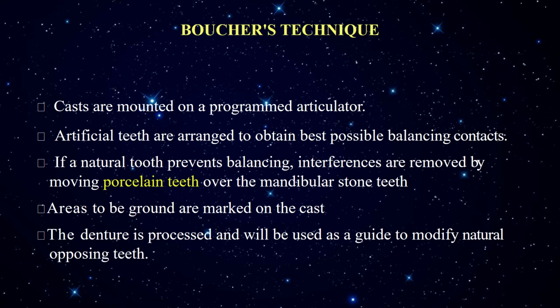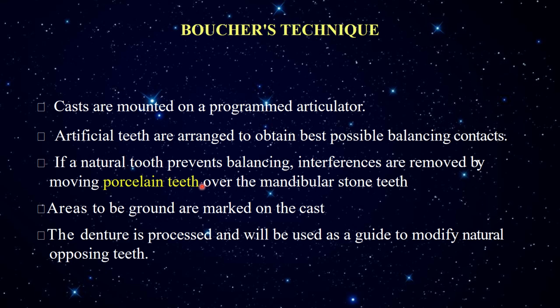So next is the Boucher's technique. In the Boucher's technique, it is basically pretty simple. The casts are mounted on a programmable articulator. The artificial teeth are arranged for the best possible balancing contacts. If the natural teeth prevent the balancing contact, interferences are removed by moving the porcelain teeth over the mandibular stone teeth. This is only possible if we have porcelain teeth.